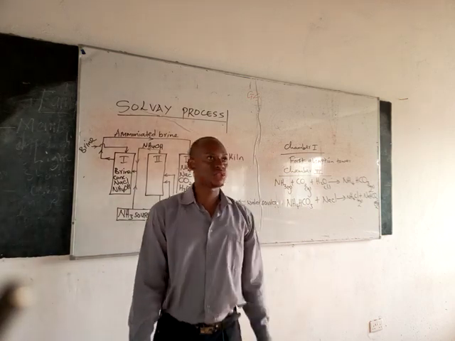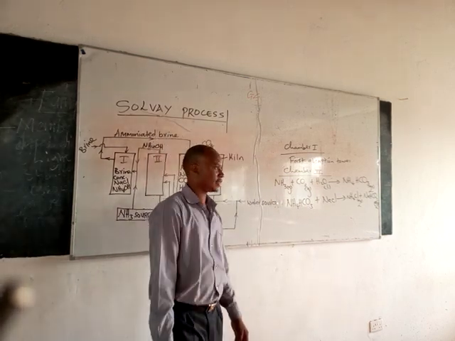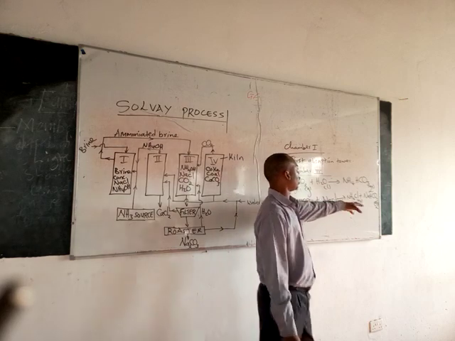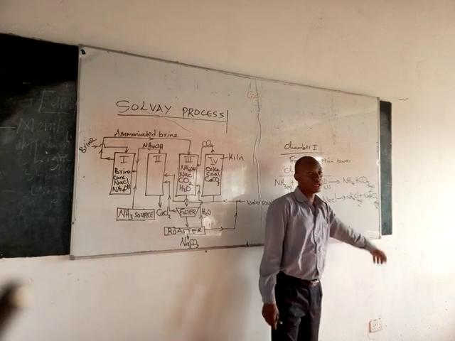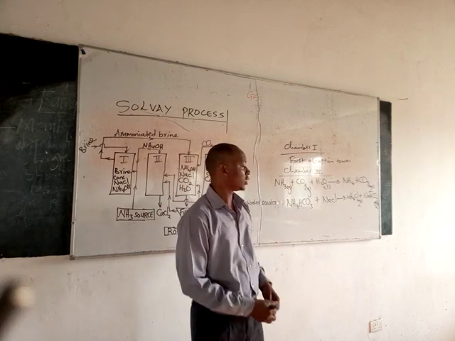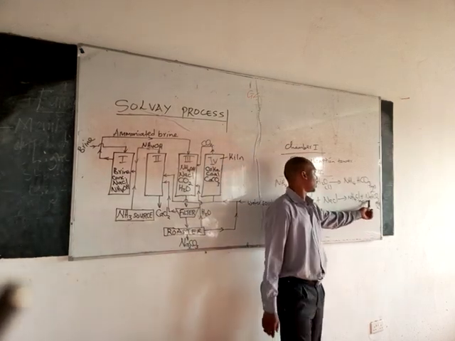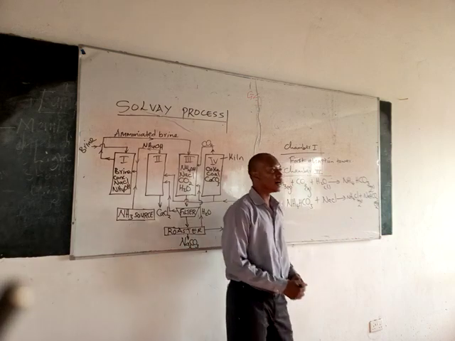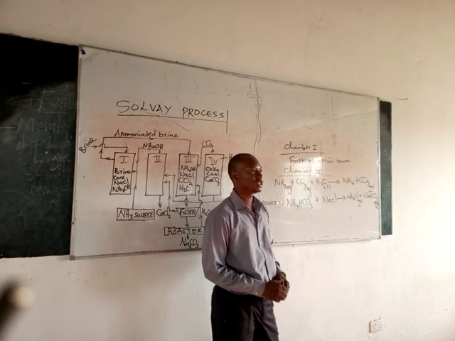One of which usually quickly crystallizes, and in this case, sodium hydrogen carbonate quickly crystallizes at low temperature. On slight cooling, we are going to have sodium hydrogen carbonate forming some crystals. In other words, it changes to solid.